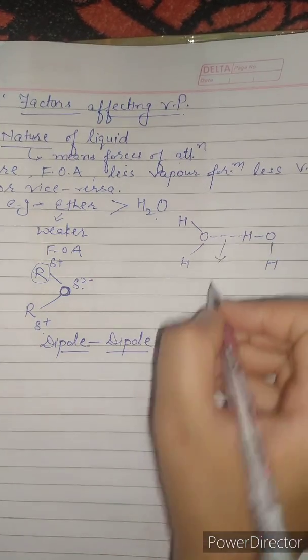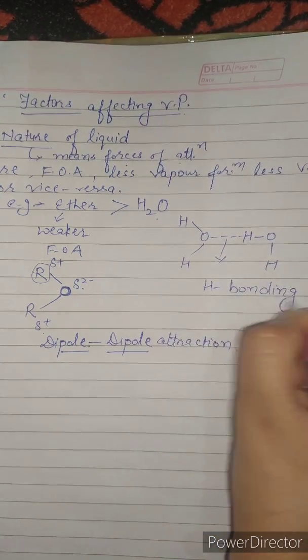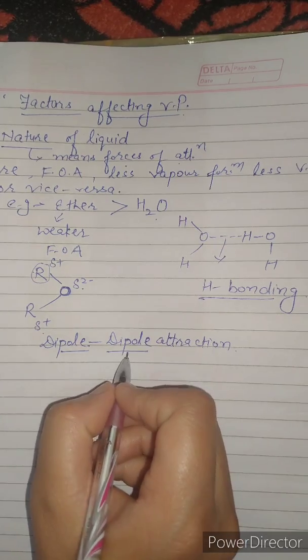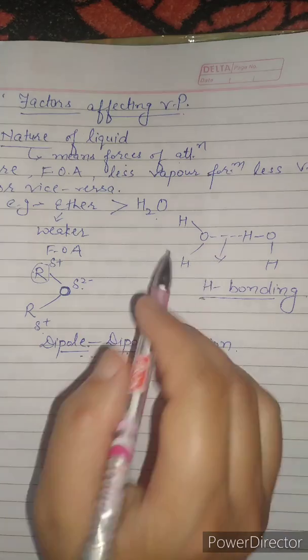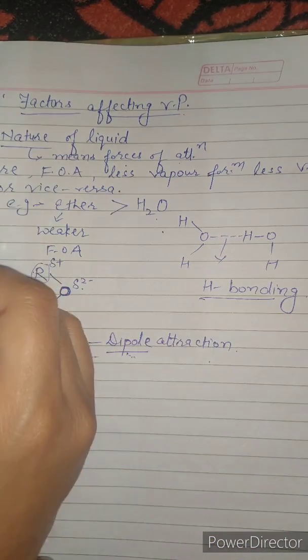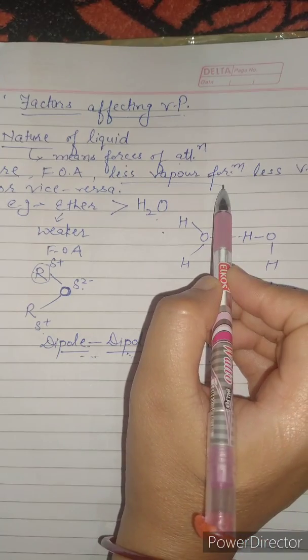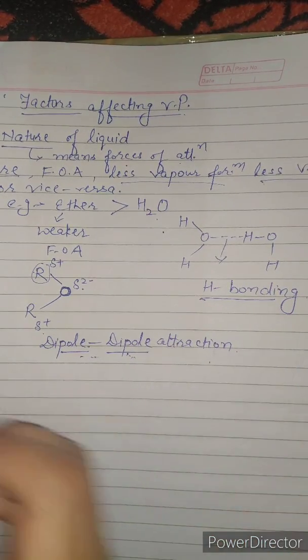But in water there is hydrogen bonding, and hydrogen bonding is slightly stronger as compared to dipole-dipole attraction. So in water the magnitude of forces of attraction is more, so the vapor formation tendency is less and there is less vapor pressure.